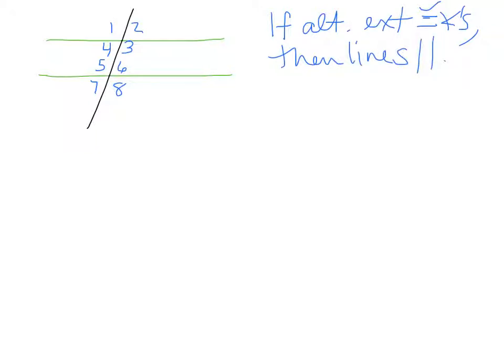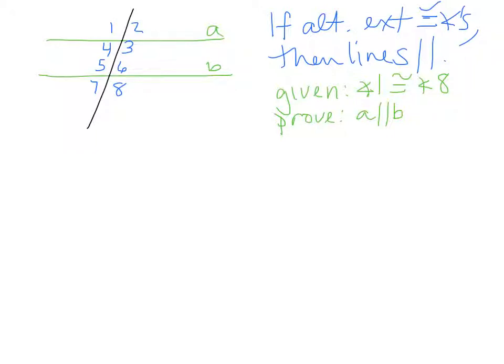Okay, I'm going to leave that proof for you to do for homework, but the given, pick a pair of alternate exterior angles, maybe angle 1 and angle 8. Again, we'll name our lines A and B. Then we're trying to prove A is parallel to B. Okay, so that's another rule.